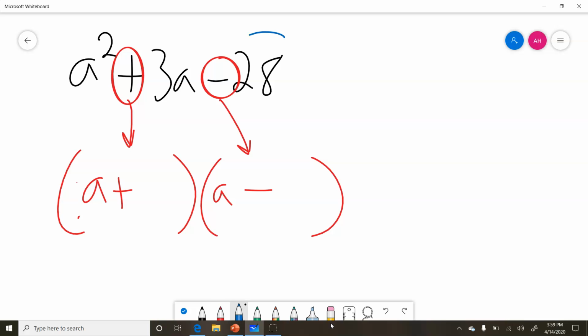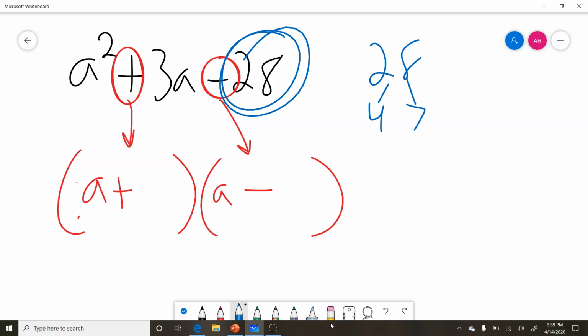So, then I look up here, what times what is negative 28? Well, if I do 28 as a factor tree, I get 4 and 7, 2 and 2. So I could have 2 times 14, or 4 times 7, or something like that. Now, I look over here and say, I need a 3. And guess what? 4 and 7, ooh, that comes out to a 3. So that's looking promising.